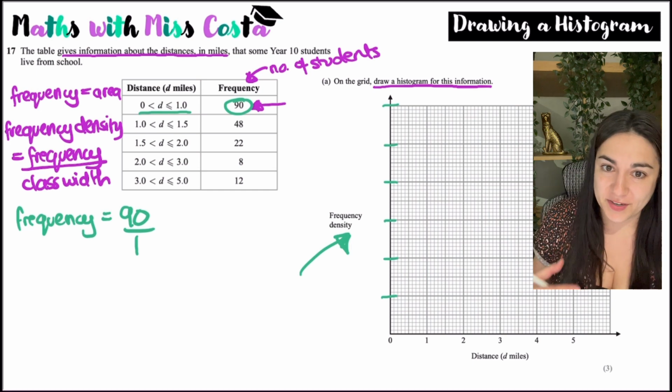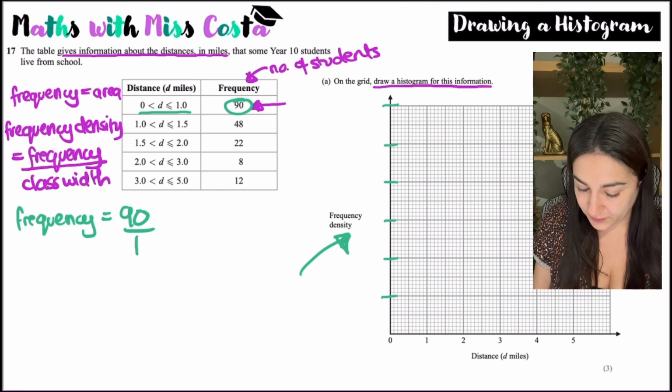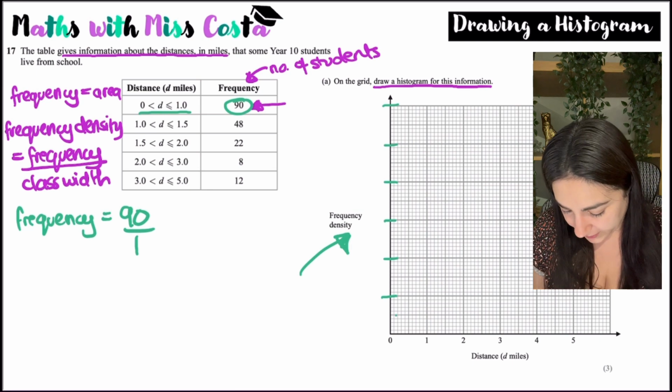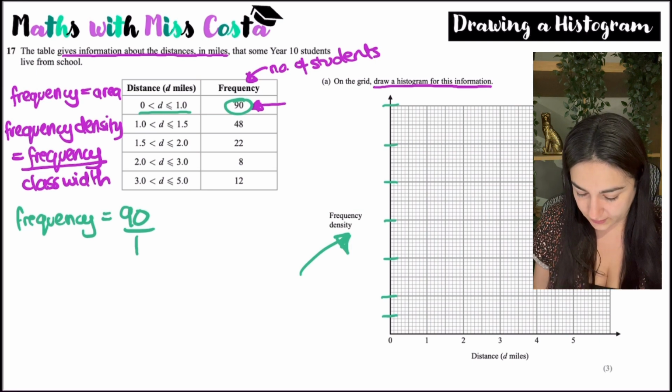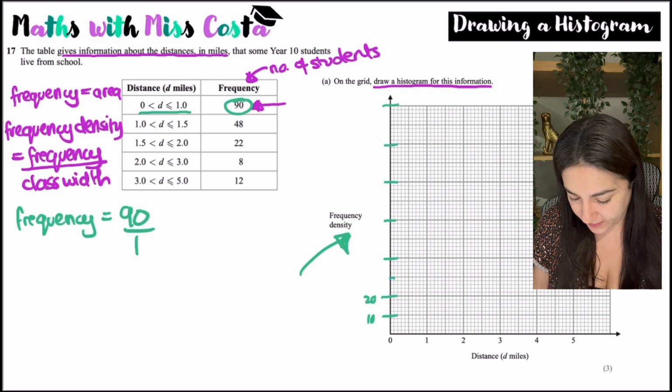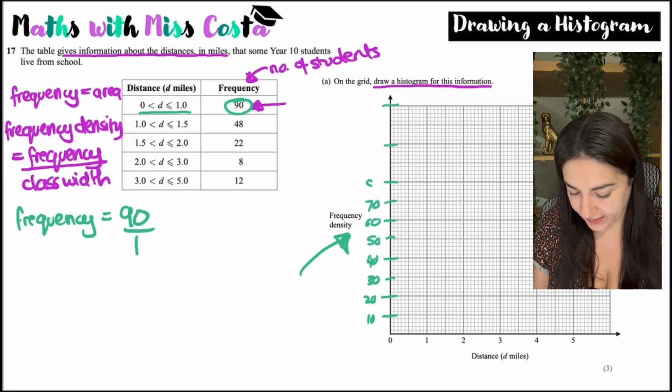So if I divided that by 2, that gives me 12 little squares, which means I could go up to 90. So I could say that each little block of 5 represents 10. So that would be 10, 20, 30, 40, 50, 60, 70, 80, 90, and then carry it on.